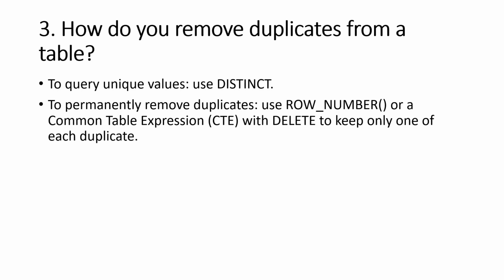So now you have multiple rows with multiple ranks for each group. Now you need to remove the duplicates by filtering the row number column for rank equal to 1. That will remove all the duplicates, and you can permanently remove the duplicates from a particular table using delete.